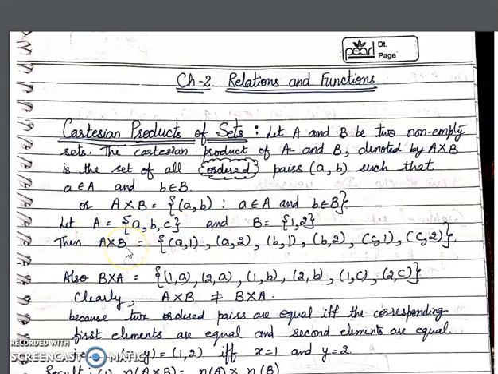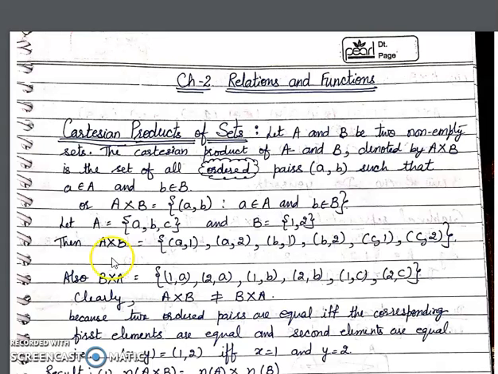Then A cross B means the set of ordered pairs with the first element from set A. So (a, 1), (a, 2), then (b, 1), (b, 2), then the next ordered pairs are (c, 1), (c, 2). So these 6 elements are in the set A cross B.